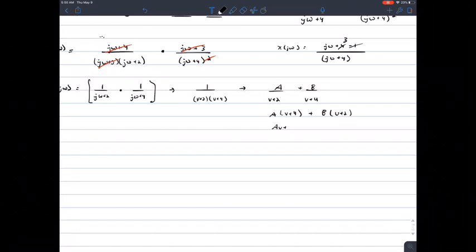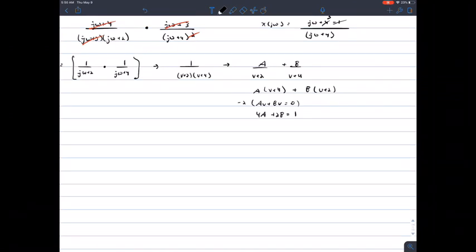So AV plus BV must equal 0, and then 4A plus 2B must equal 1. Okay, so we're going to times this by negative 2. So we're going to have 2A equal to 1, so A must equal 1/2. And then you plug this back in there, and we can see that B is going to equal negative 1/2. These are our two answers for A and B.